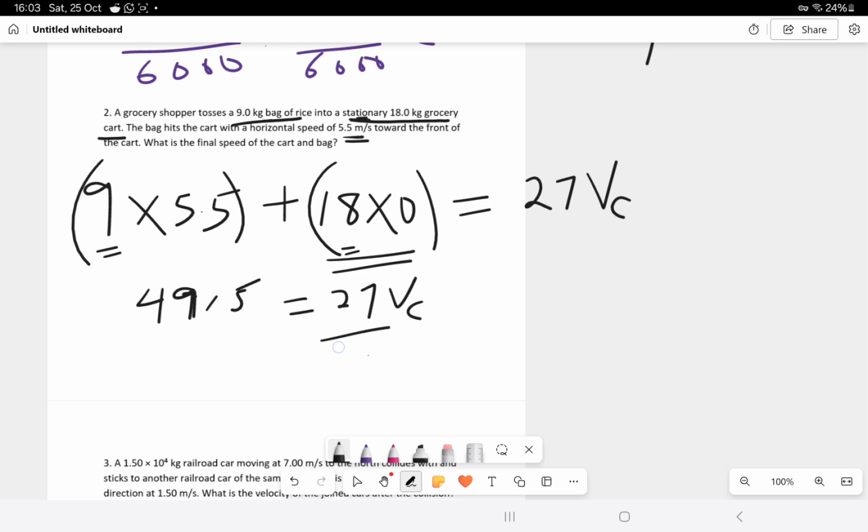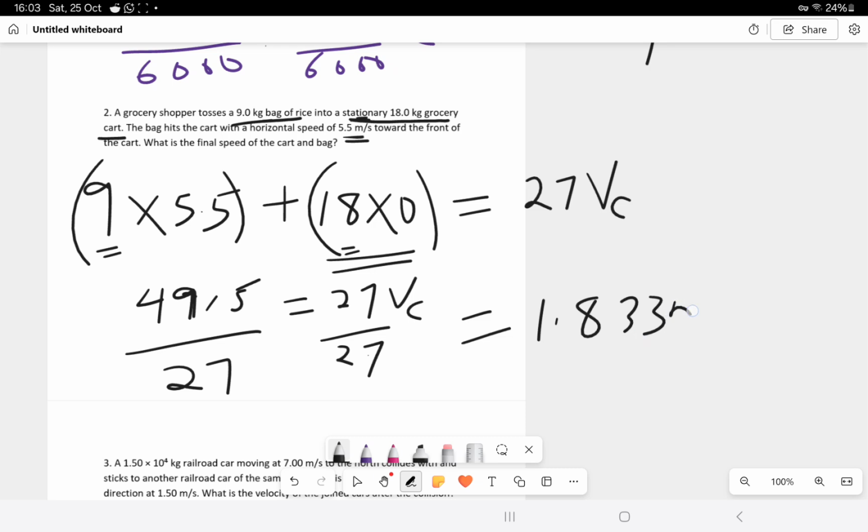Divide by 27, and you get 1.833 meters per second. That is the velocity VC.